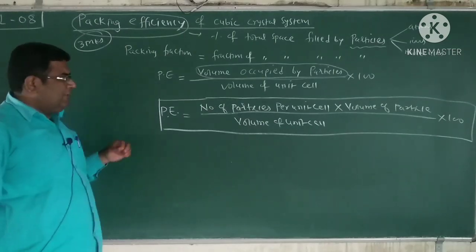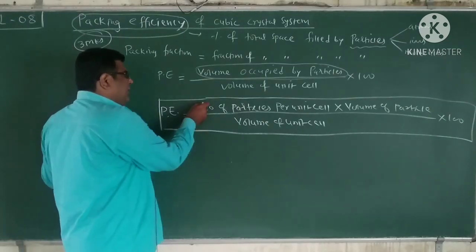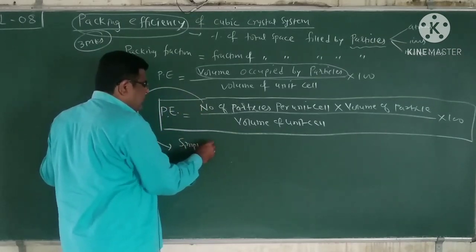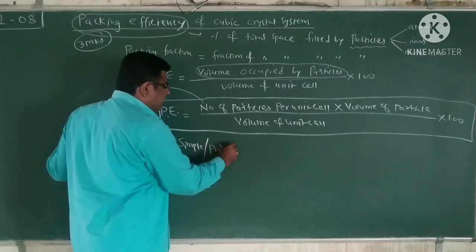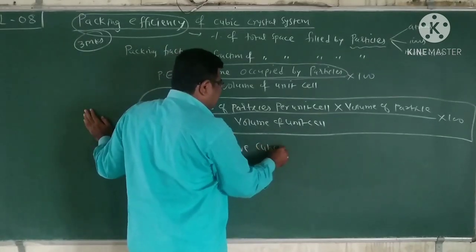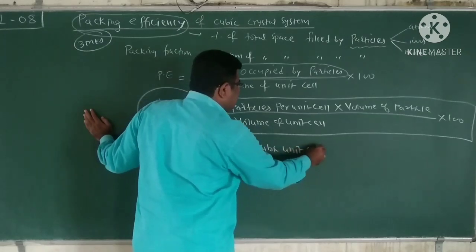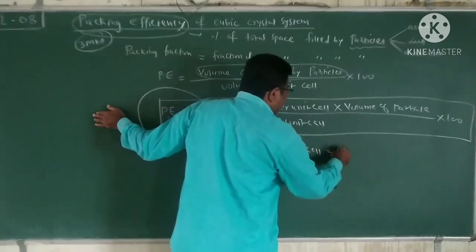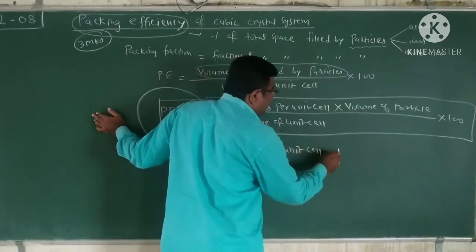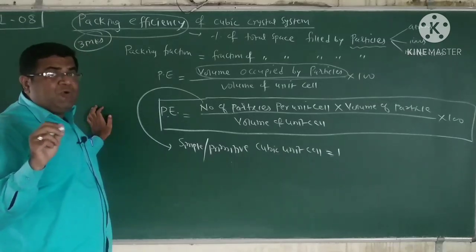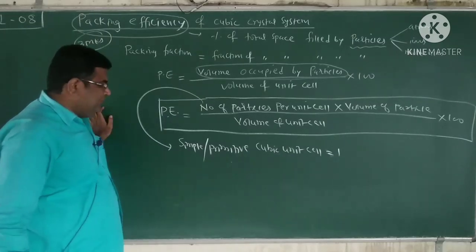Now the number of particles per unit cell, we know that for the simple, or primitive, cubic unit cell, it is 1 because particles are present only at the corners: 8 corners multiplied by 1 by 8 contribution is equal to 1.